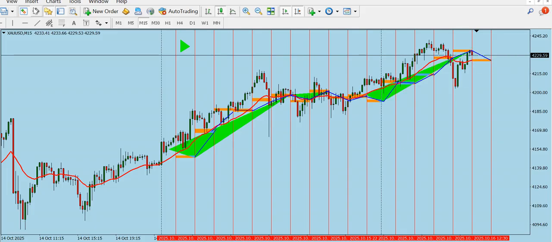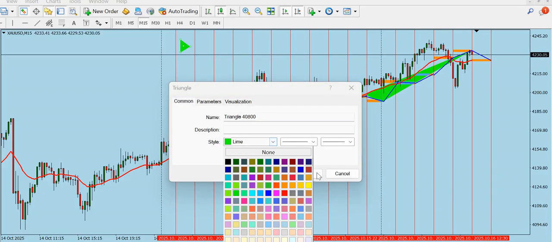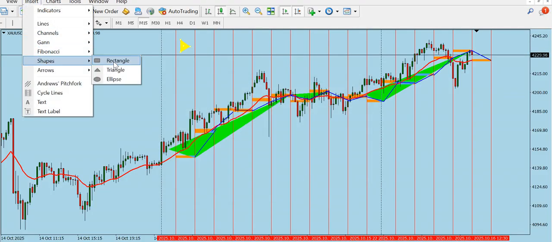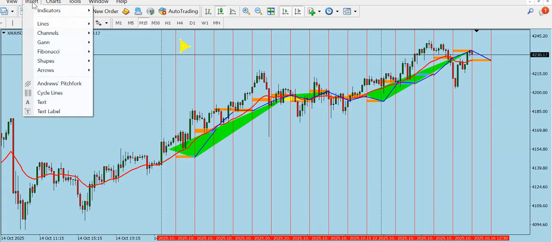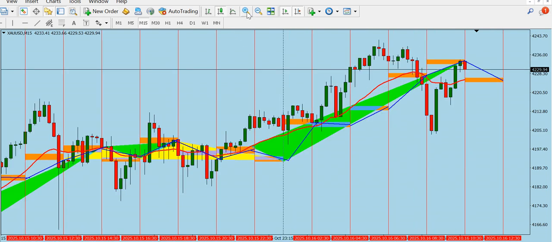Okay. Now for the bearish price move, we change the color to yellow. So from here to here, down here is bearish. Also from here to here, down to this point is bearish.